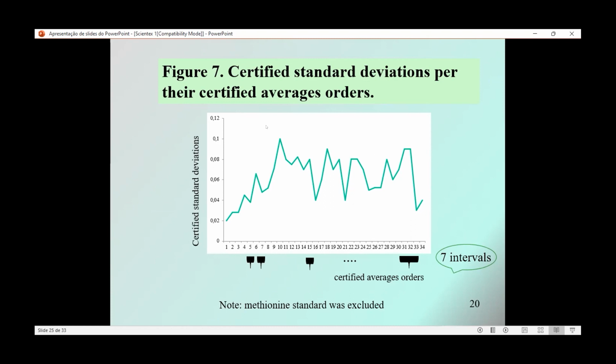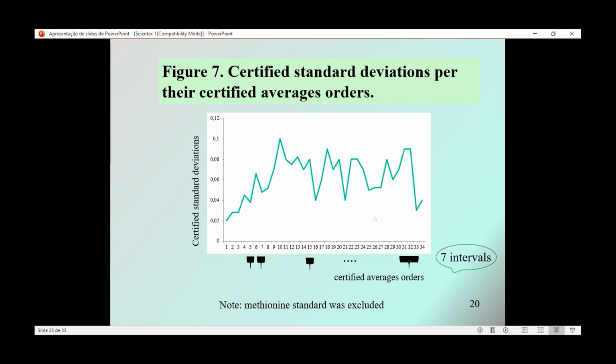So when writing results, if I have one result here, which uncertainty will I use to express my result? This or this? Which one? How to select them?